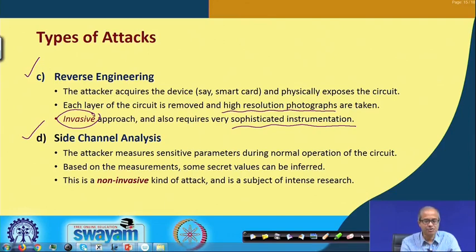The last one we talk about is called side channel analysis. This is relatively new, and a very interesting technique. Side channel analysis is also non-invasive, we are not damaging the device. What we are doing, we are saying that let the device operate, we are watching the device from outside and we are doing some measurement.